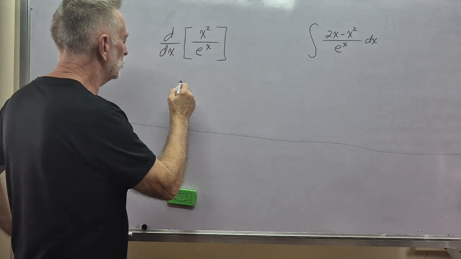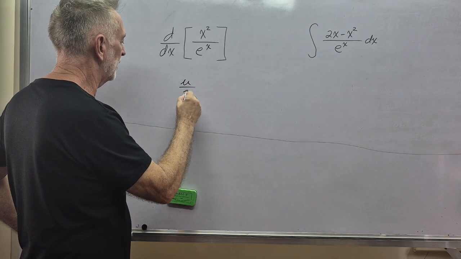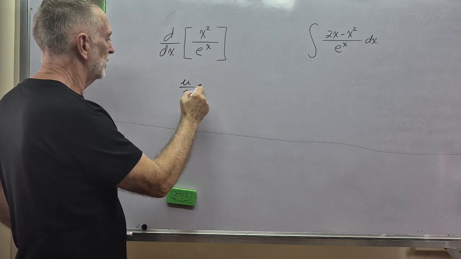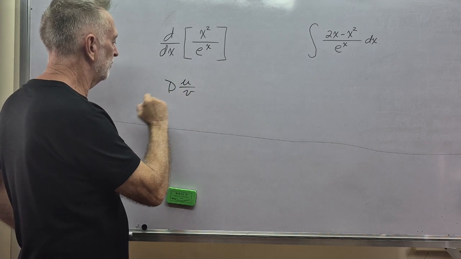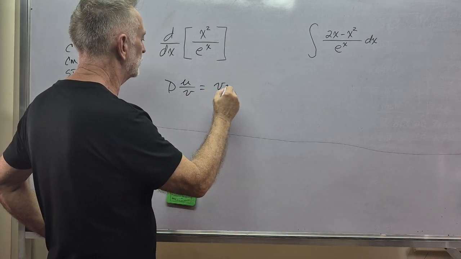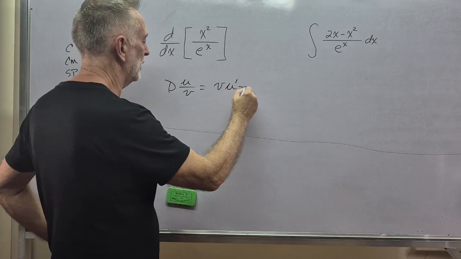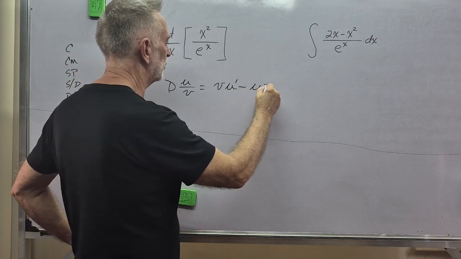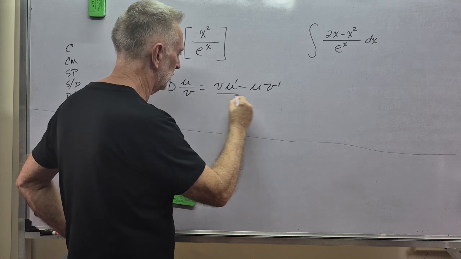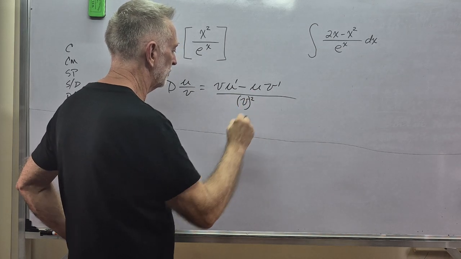Now we can. The quotient rule says if I have two functions, u divided by v, and I'm trying to take the derivative of that, it's the bottom function times the derivative of the top function minus the top function times the derivative of the bottom function, divided by the bottom function squared.